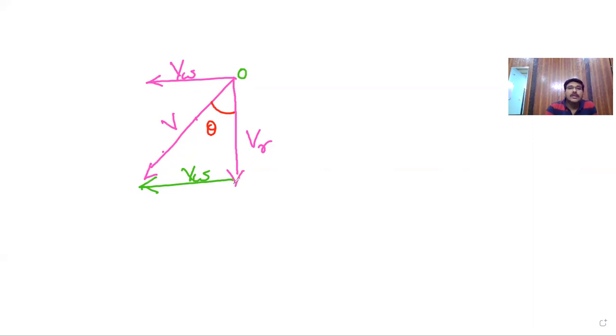V_R bar plus V_W bar is equal to V bar. Now, the direction is theta. Theta is with what? The vertical, the rain direction. So tan theta is opposite side by adjacent side, V_W by V_R. V_W is 12 meters per second and V_R is 35 meters per second.